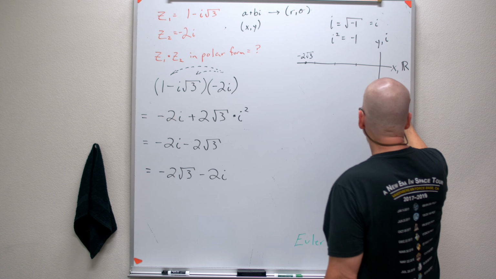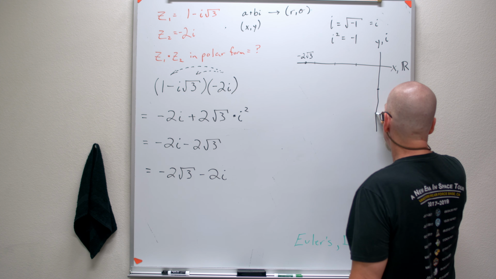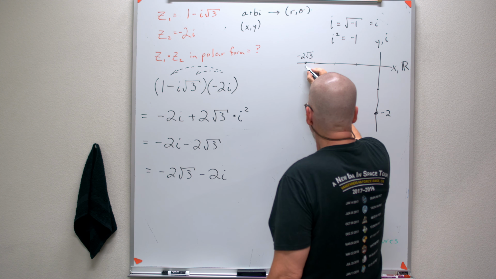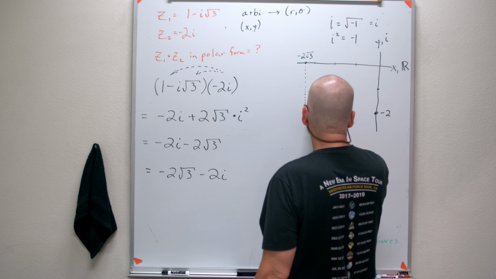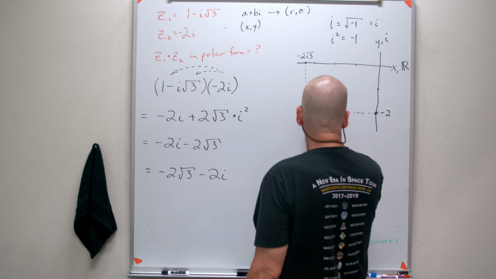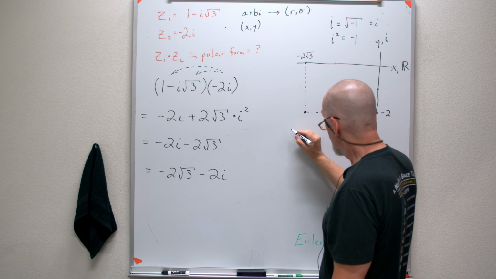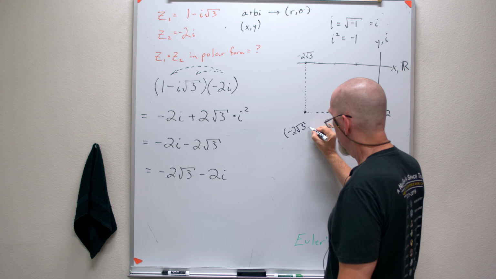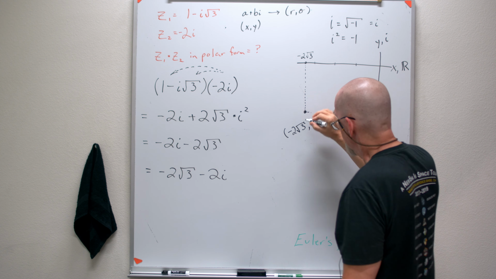Real part -2. Now the hard part, straight lines on a dry erase marker board, not the easiest thing. In terms of a plus bi, this would be the point -2 rad 3, comma, -2. That's where that big point right there is.